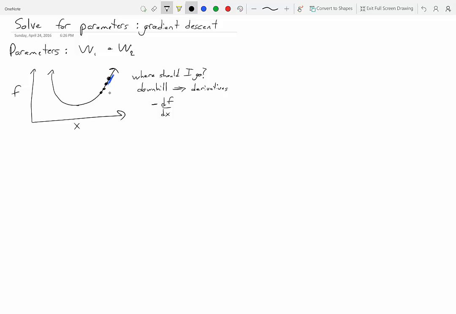I can continue walking along the derivative and recalculating it until I reach the bottom. So this gives us an iterative algorithm. It says update my x to be my current x, minus a step in the derivative direction, and I'm going to have some step size. Alpha is how big a step to take, and this is known as the learning rate.